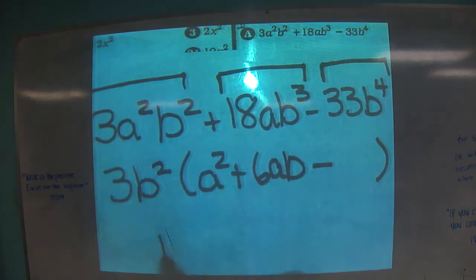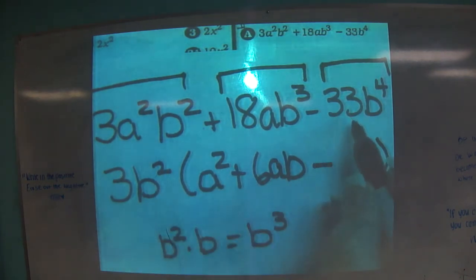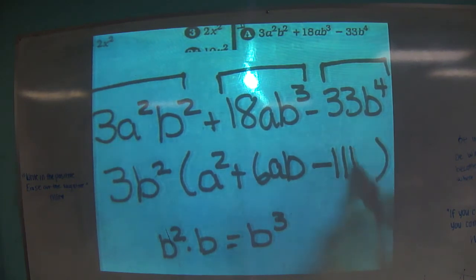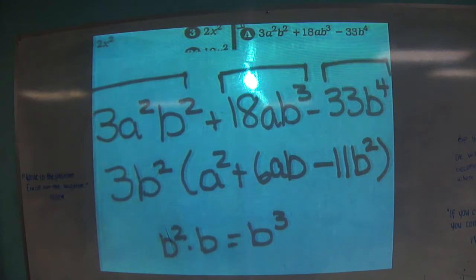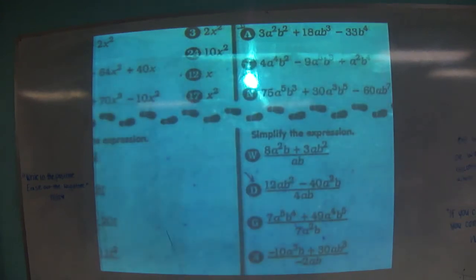Because B squared times B equals B to the third. Okay? 3 times what equals 33? 11. B squared times what equals B to the fourth? B squared. Yay. And that's how you find the common factor. Okay? Easy. It is actually.